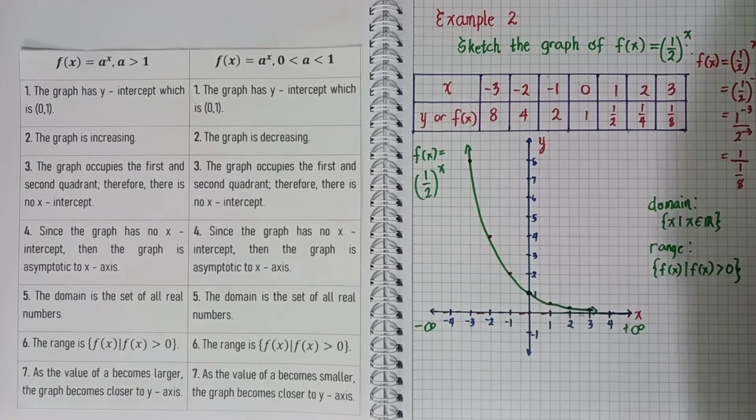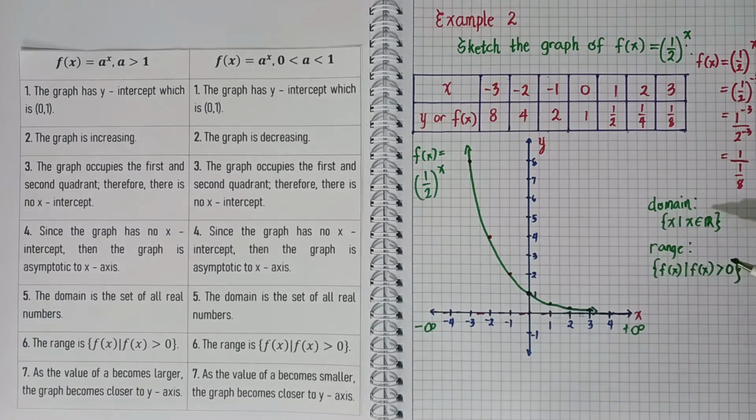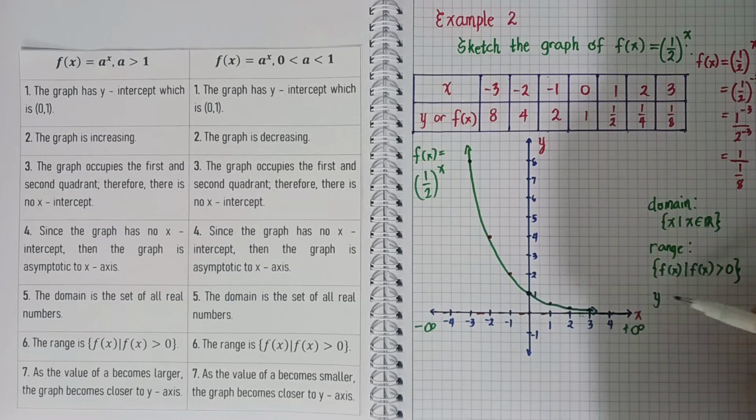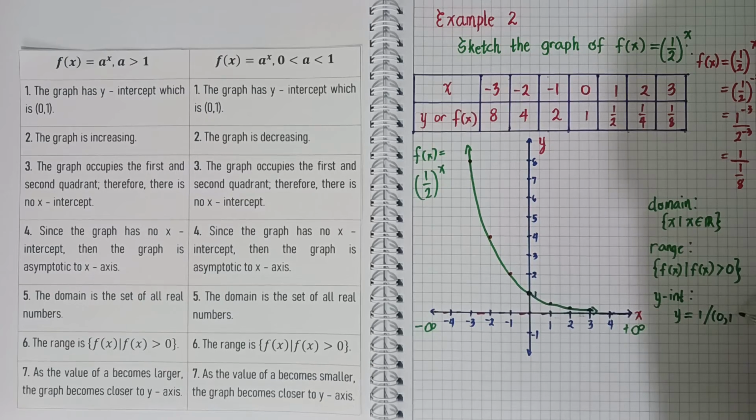And then, what is our y-intercept? Kitang-kita naman natin yung y-intercept dyan. So, yung y-intercept natin dito ay y equals 1 or 0, 1 kung gagamit tayo ng coordinates. Next, asymptote.